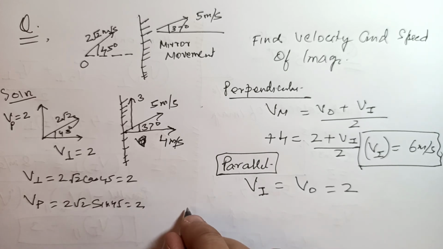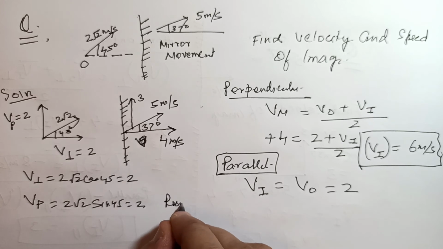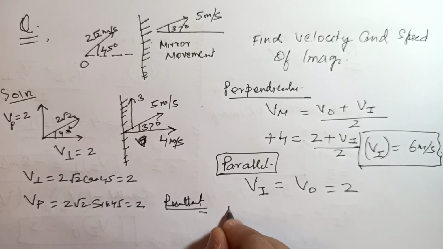So the resultant is something like, this is 6, this is 2, correct?